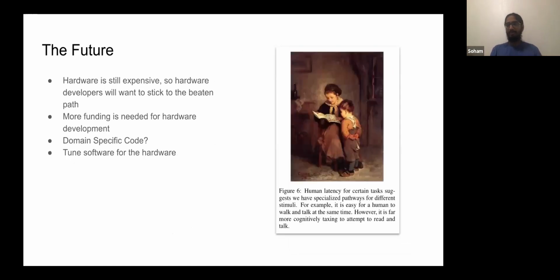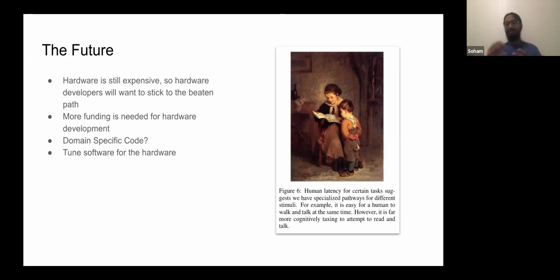Yeah. So what about the future? Where do we go from here? The future is that hardware development is still going to be expensive. So hardware developers will want to stick to the beaten path and build hardware that is non-risky.